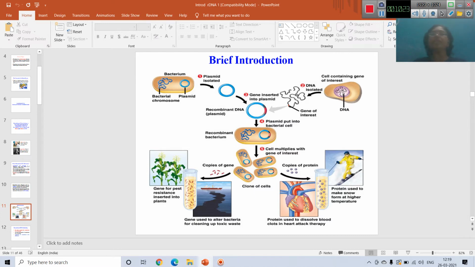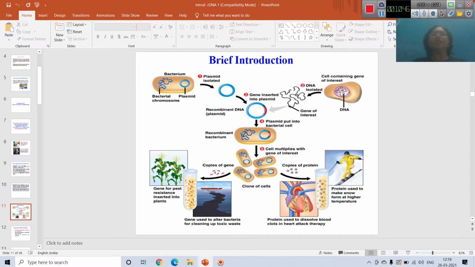So that DNA has been isolated now. This is your DNA isolation step. First you have to isolate the nucleus, then fragment the DNA, and then isolate the DNA in its pure form. Now I have got this gene of interest after DNA isolation.